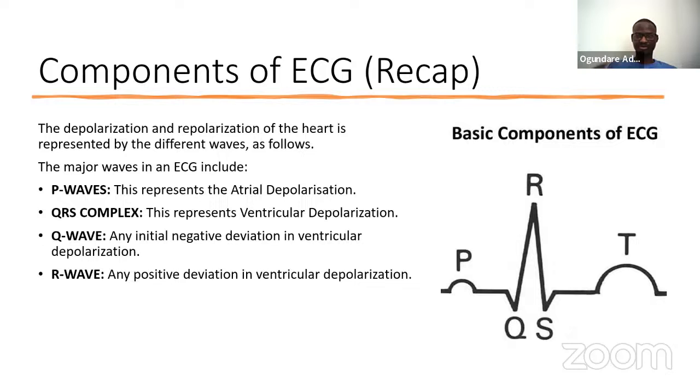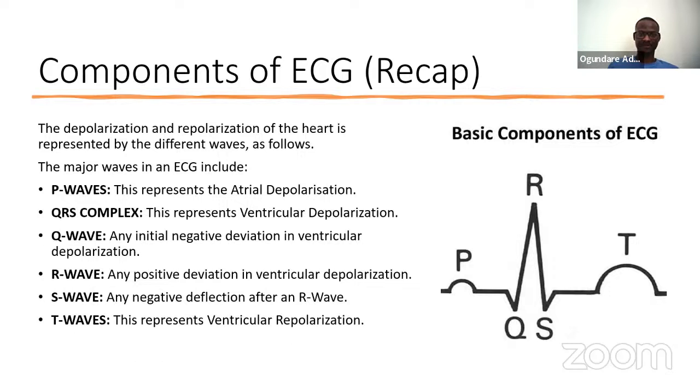For the benefit of people just coming in, when we say positive deflection, we mean upward deflection, and negative would be downward deflection. The S wave is the later negative deflection after the R wave. The T wave represents ventricular repolarization, which is ventricular relaxation.